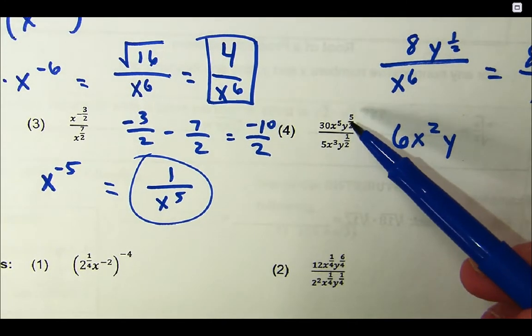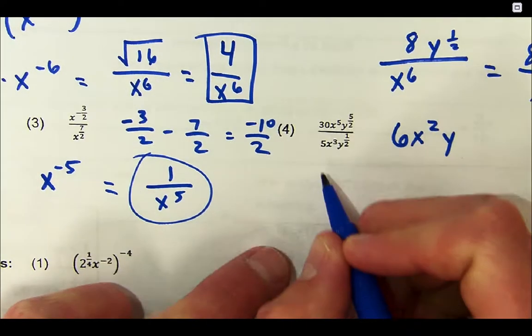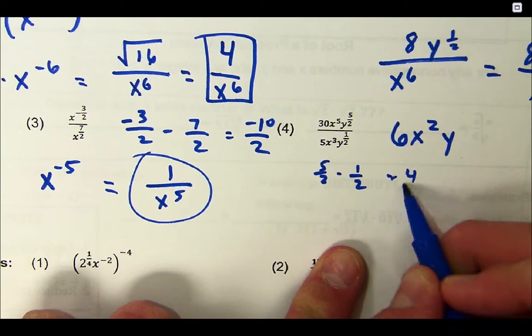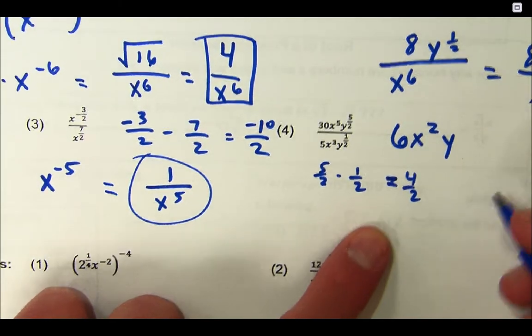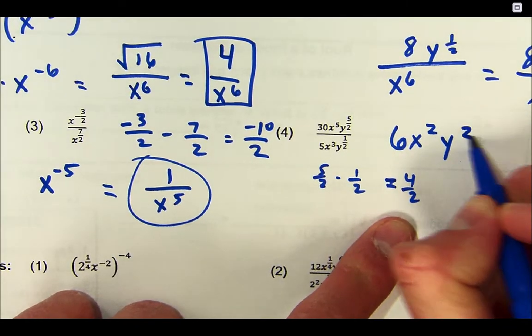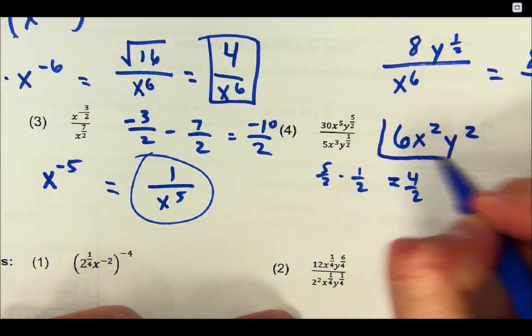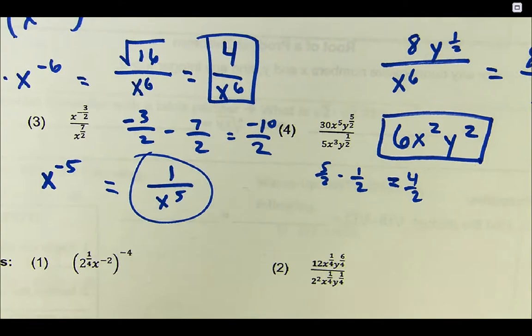So to do that, you do 5 halves minus 1 half. And 5 halves minus 1 half is 4 halves. But 4 halves is probably more commonly referred to as 2. 4 divided by 2 is 2. And since you don't have any negative exponents, you can leave your answer, 6x squared y squared.